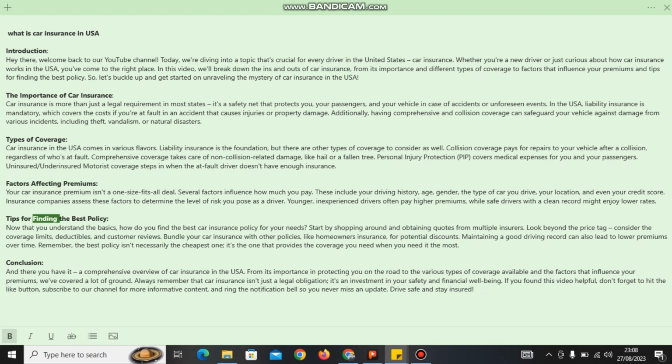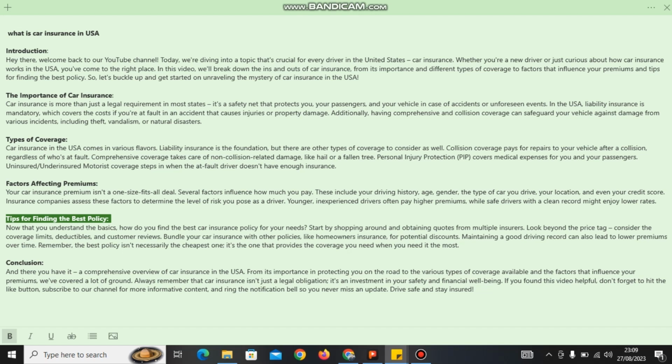Tips for finding the best policy. Now that you understand the basics, how do you find the best car insurance policy for your needs? Start by shopping around and obtaining quotes from multiple insurers. Look beyond the price tag. Consider the coverage limits, deductibles, and customer reviews.